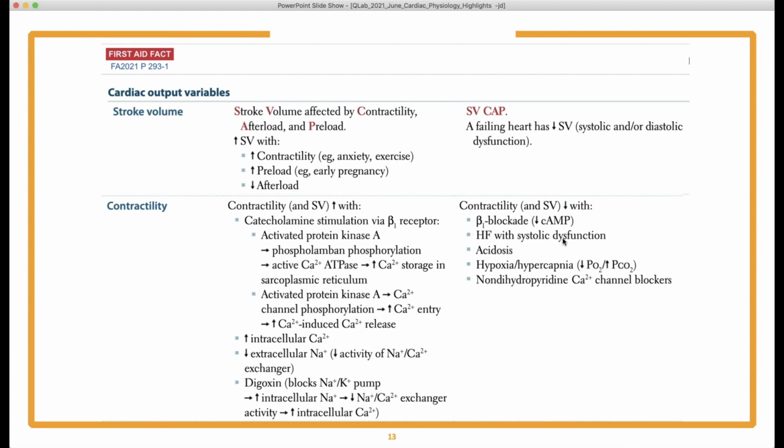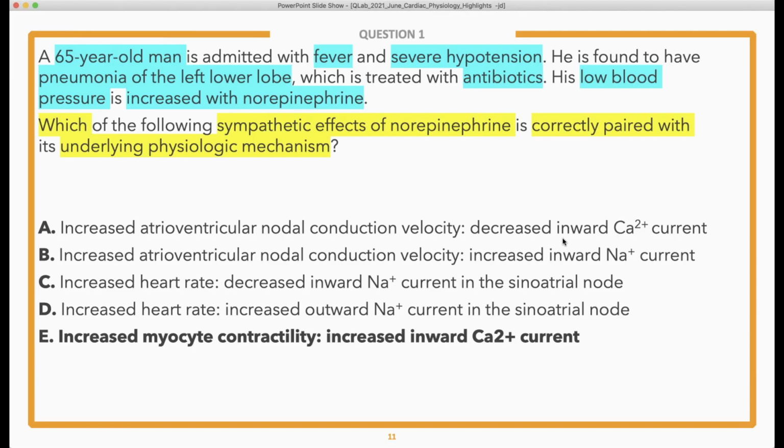That increased intracellular calcium thus leads to increased contractility, okay? So let's go back and take a look at the answer choices, and hopefully you can see why answer choice E is correct, because it does increase inward calcium current, as we mentioned, and that leads to increased myocyte contractility, okay?